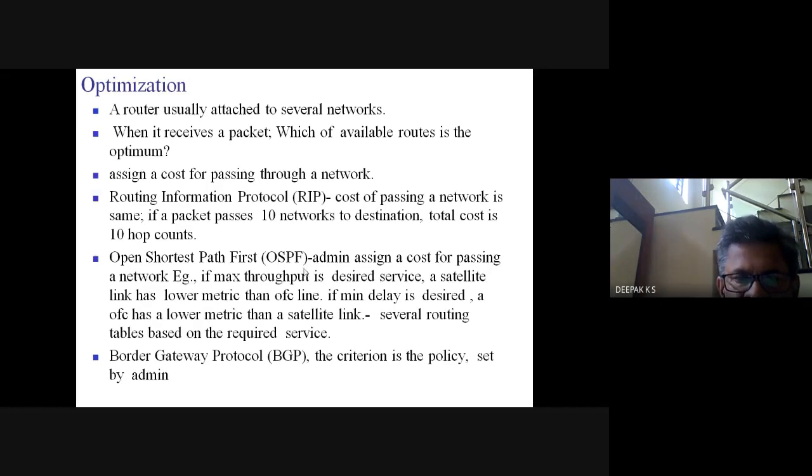So these three protocols behave differently in terms of assigning the cost for passing a network. And we have to find out the optimum route, and that is the function of routing. So a router is attached to several networks. So different protocols exist, and basically they have to optimize some metric.